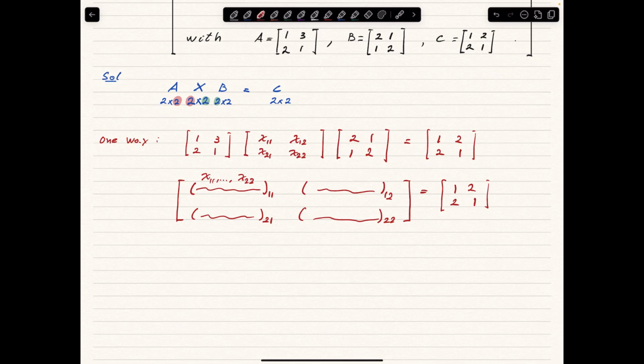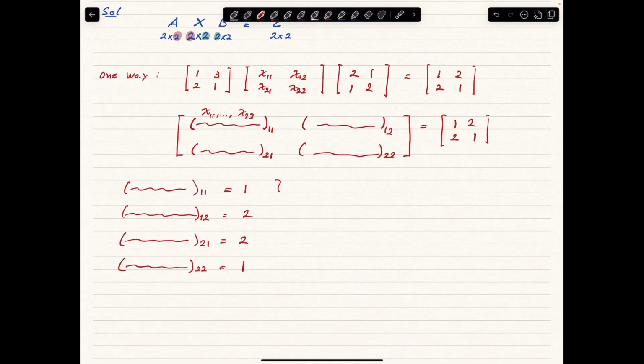So we have 4 equations of the form: some big coefficient here, 1,1, equal 1; another big expression, 1,2, that has to be equal to 2; then another expression, the coefficient 2,1, equal to 2; and the 2,2, which is equal 1 in this case.